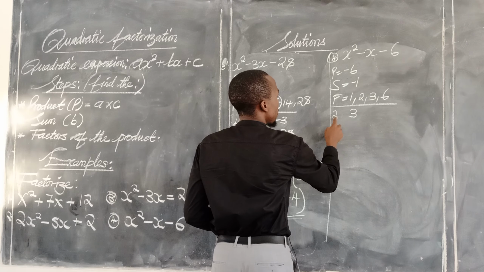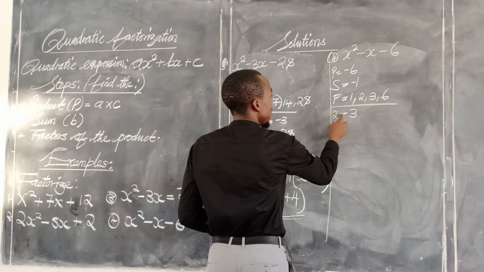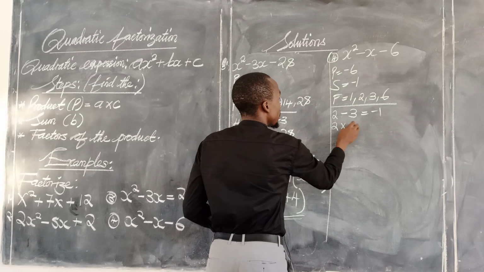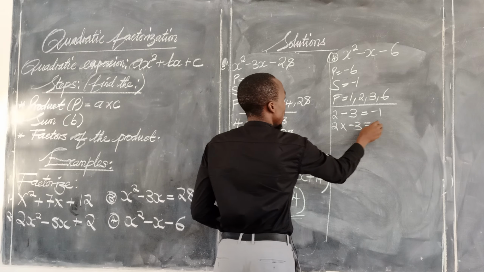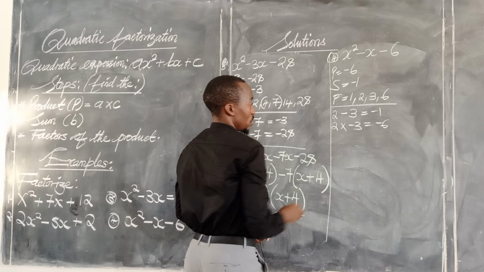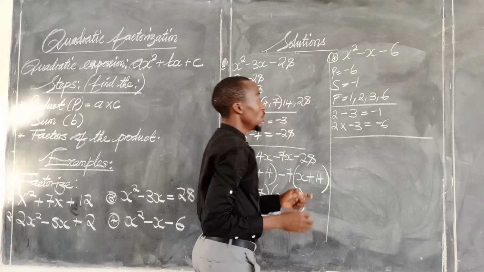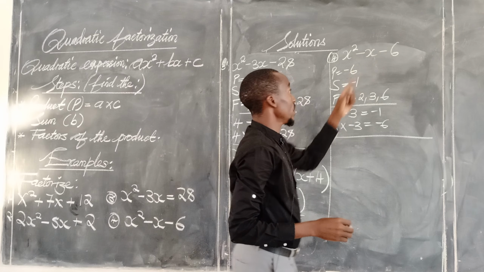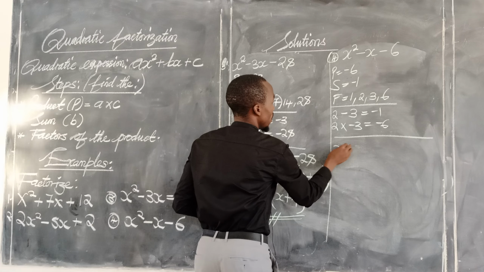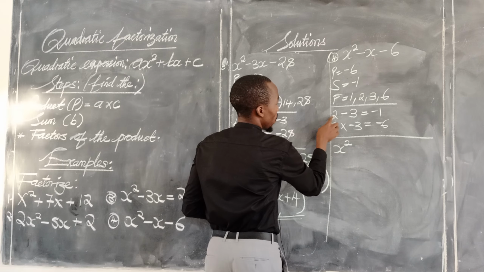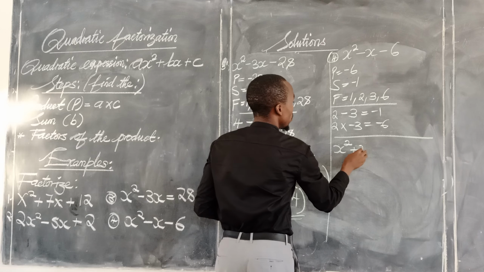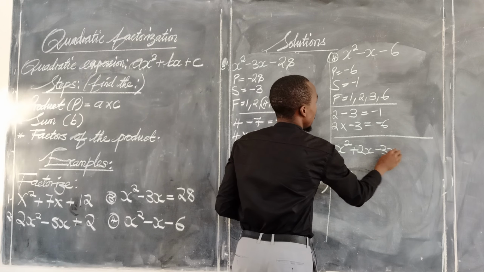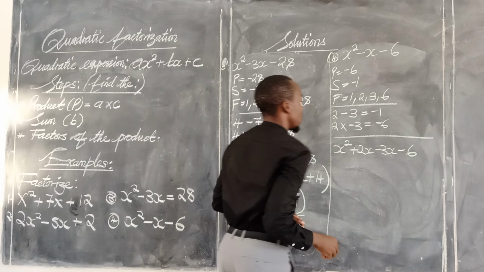So when we subtract here, 2 take away 3, the answer is negative 1. Here we multiply 2 times negative 3, the answer is negative 6. From there, we replace these two factors where there is x. So x squared plus 2x minus 3x minus 6.